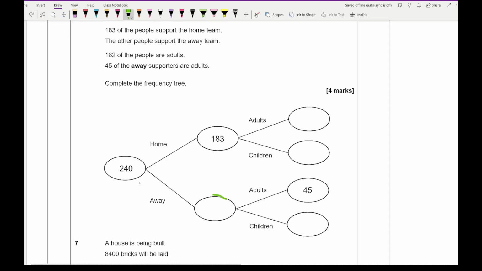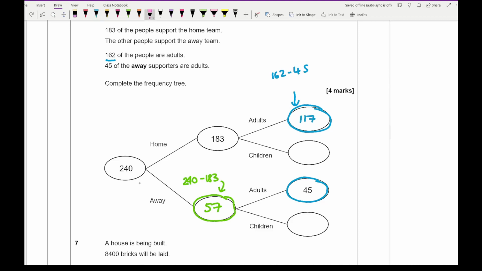Well, we can start off by working out what this one here is going to be by doing 240 minus 183, and that comes up to a value of 57. Knowing that there are 162 adults, I can then work out what this one here is going to be by doing 162 minus 45, and that comes up to a value of 117.